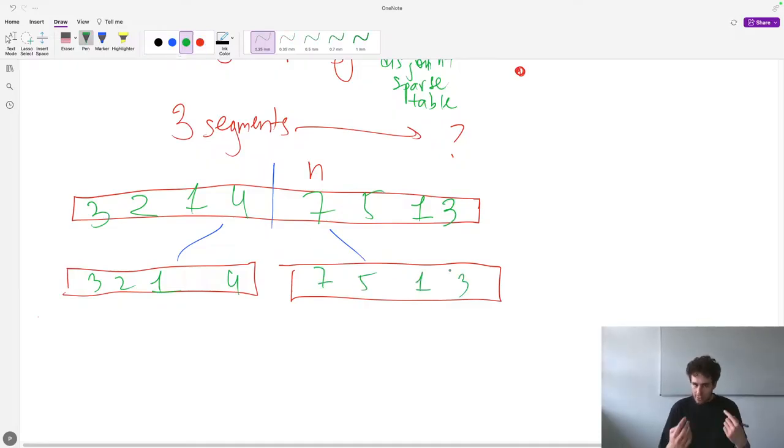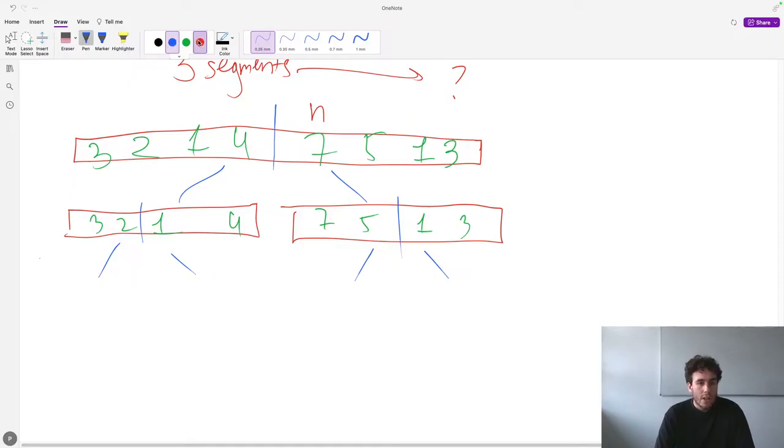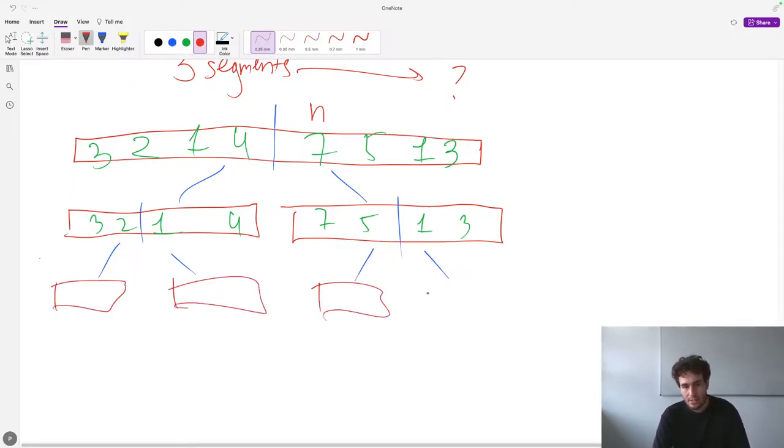Then in each of these arrays, we're also going to split and recurse. What are we going to have? Let's first draw all these segments. So here we're going to have 3, 2, 1, 4, 7, 5, 1, 3.